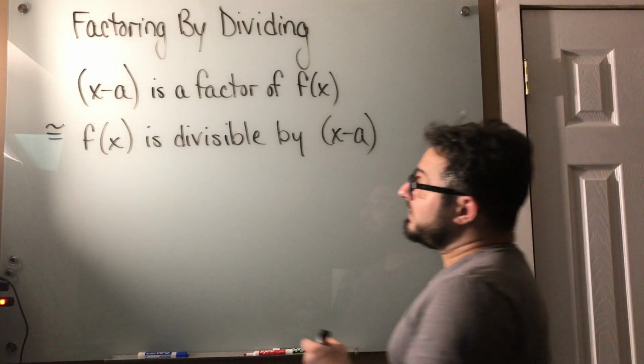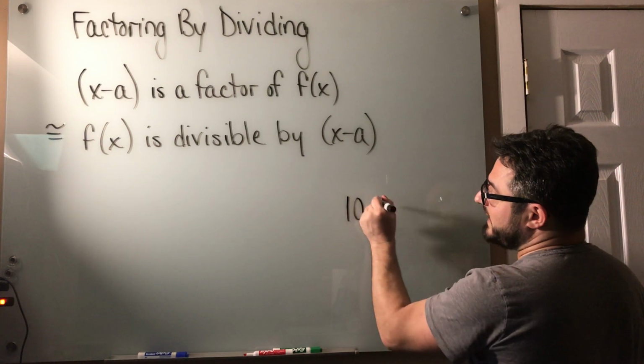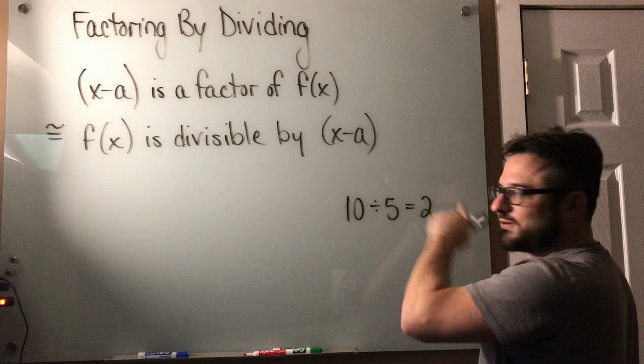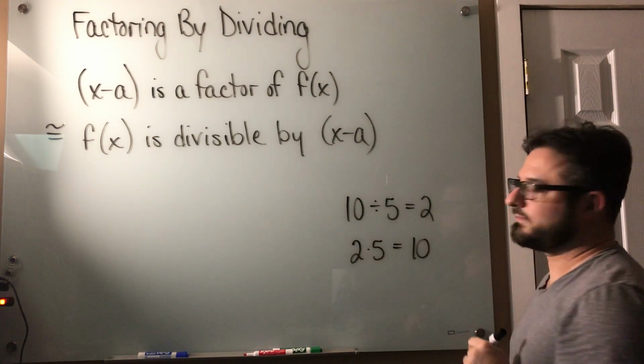That comes from the idea that, to use an example of numbers, 10 divided by 5 is equal to 2, and we can reverse that and say then that 2 times 5 is equal to 10.